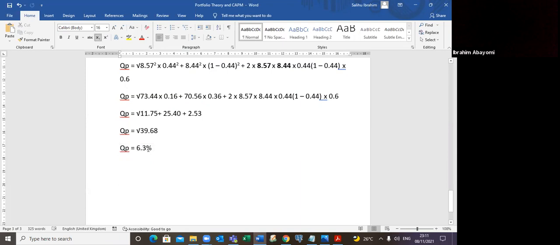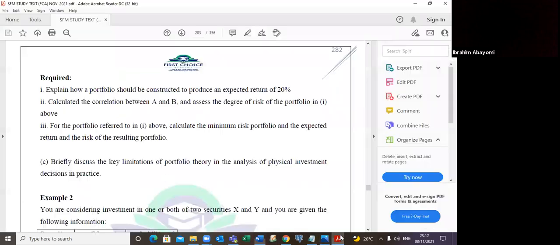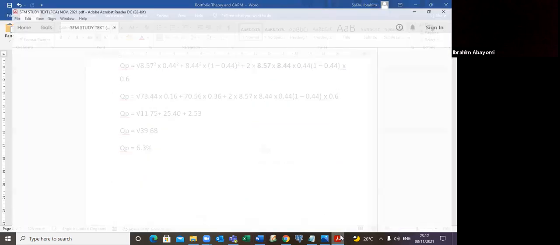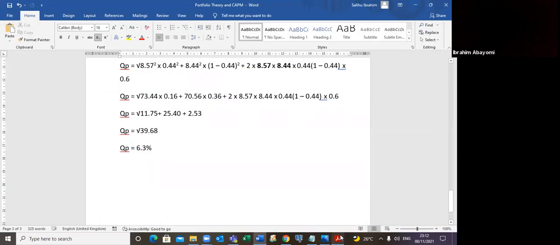So the risk can still be lower than this. So the question is now asking what is going to be the minimum risk of the portfolio. So we call it the minimum risk portfolio. Now, for you to compute your minimum risk portfolio, which is requirement 3 in this case. 1, 2, 3.